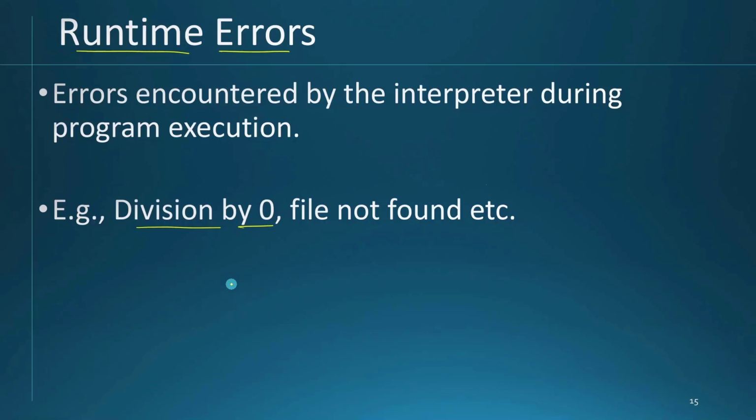For example, if you are writing a program to divide two numbers, first you take an input to variable a, and you can give any number, that will be stored into a. After that you give an input to variable b, then you find the value of c by dividing a by b, and after that you print the value of c.